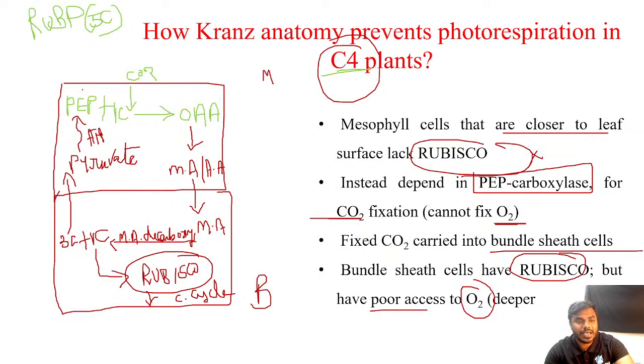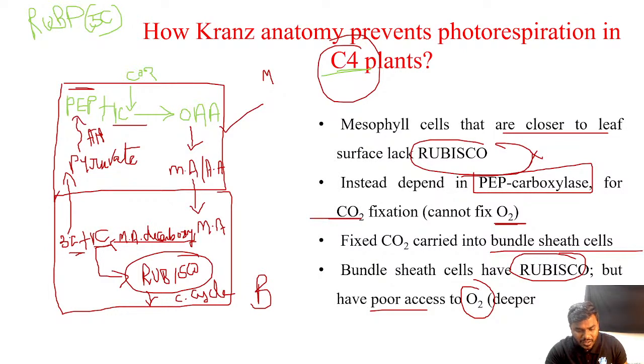I'll quickly summarize. Phosphoenol pyruvate is a 3 carbon compound. Combined with 1 carbon, the total becomes 4 carbon, giving rise to oxaloacetic acid. Oxaloacetic acid is converted into malic acid. Malic acid from the mesophyll enters the bundle sheath cell. Malic acid is treated by the enzyme malic acid decarboxylase, which breaks it down into 1 carbon plus 3 carbon.